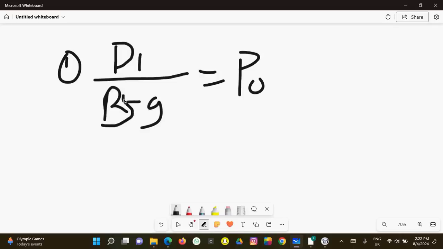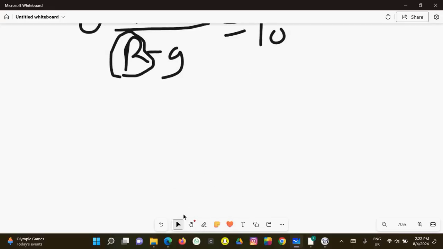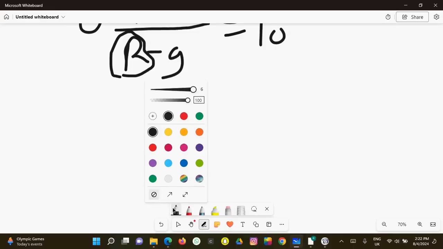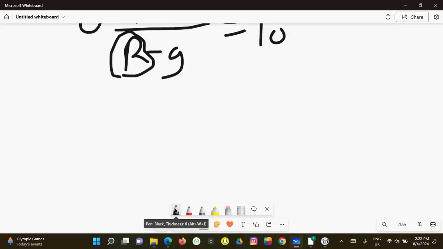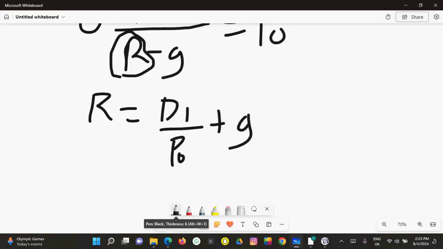So now we are going to make the rate the subject in this equation. When you change the subject and make R the subject, the formula is going to be R is equal to D1 over P naught plus G. That's going to be the formula, right?